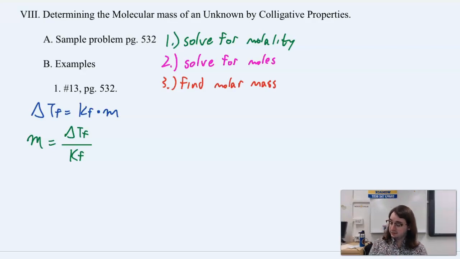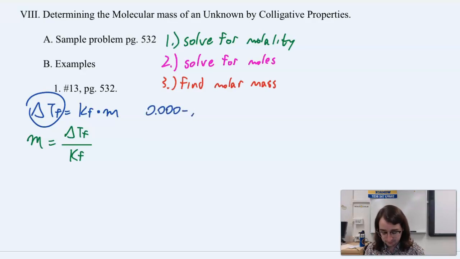So if we want to find out delta Tf, we need to take the information that was given to us in the problem. Let's take a little second here. Delta Tf is always going to be this value in the expression. So we're just solving for delta Tf.